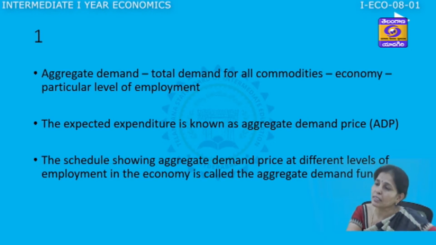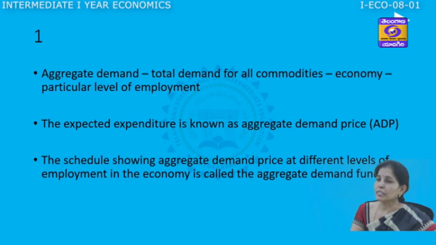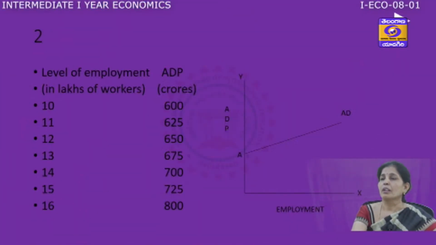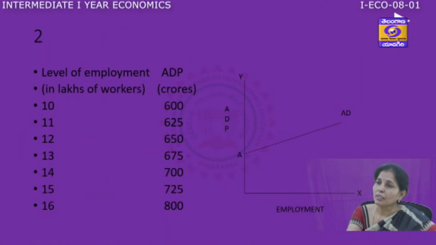A statement that shows aggregate demand price at various levels of employment is considered to be the aggregate demand function. This is also explained with the help of a table and a graph. Here we have a table that shows the level of employment, measured in lakhs of workers, and aggregate demand price, taken in crores.